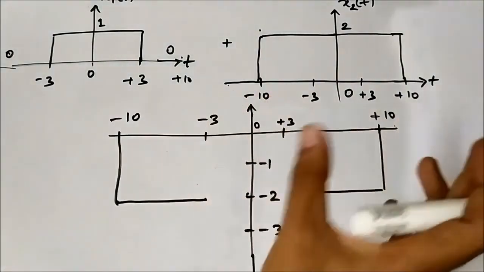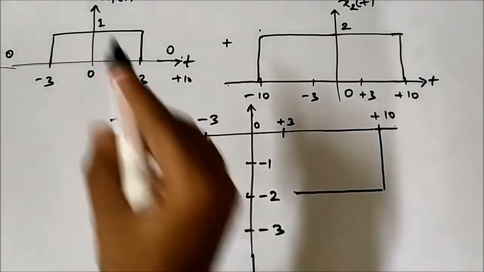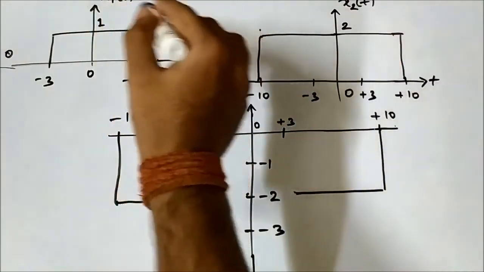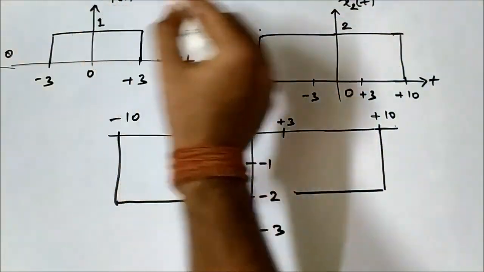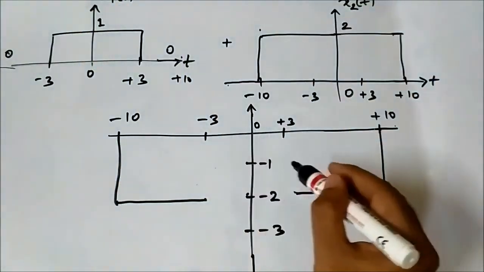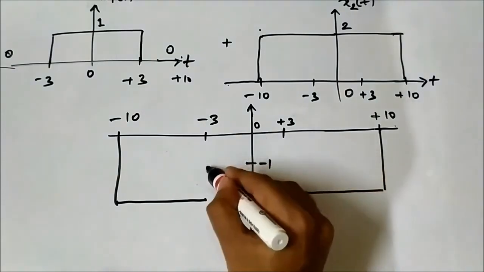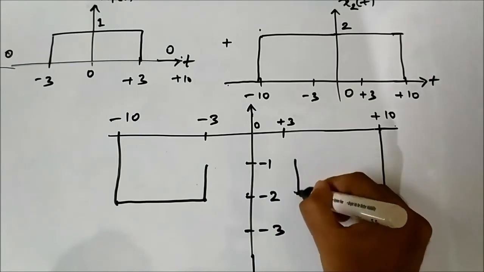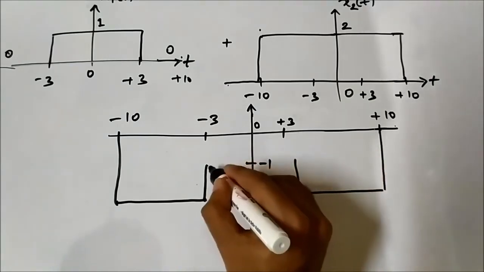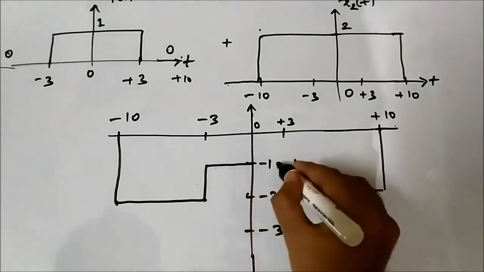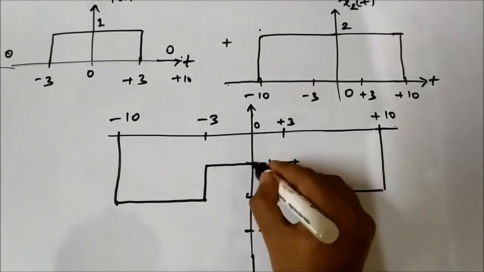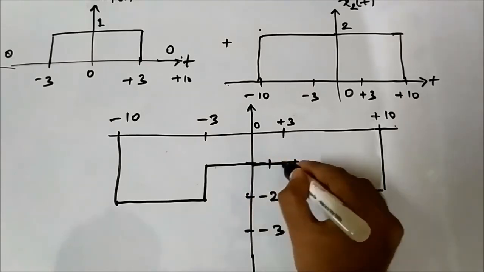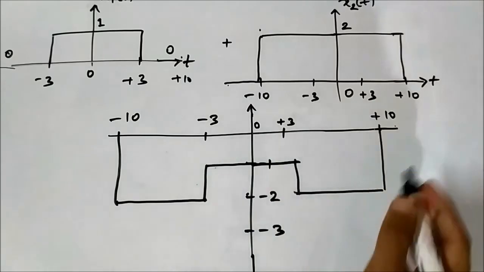So in between this interval, when we perform subtraction x1(t) minus x2(t), it is 1 minus 2, which is -1. Okay, so here it is -1 in between -3 to +3, -1. This is -1.